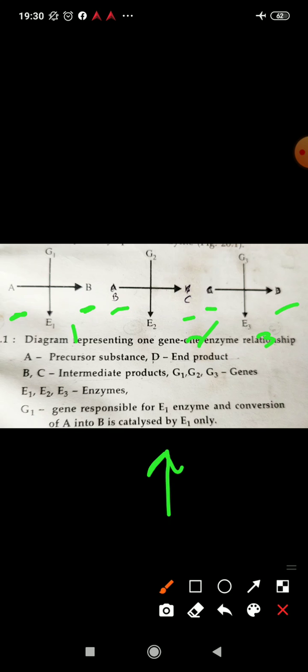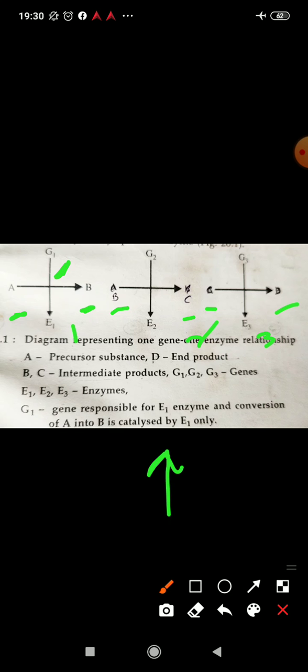Each step requires one specific enzyme, and this enzyme is produced under the control of a particular gene. A particular enzyme will be synthesized only if that particular gene is expressed. See here, this is gene 1.